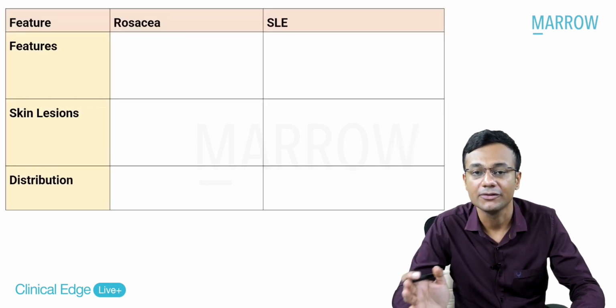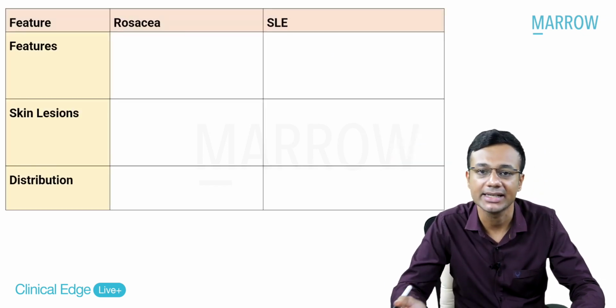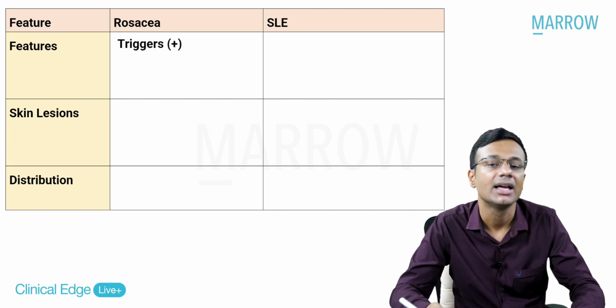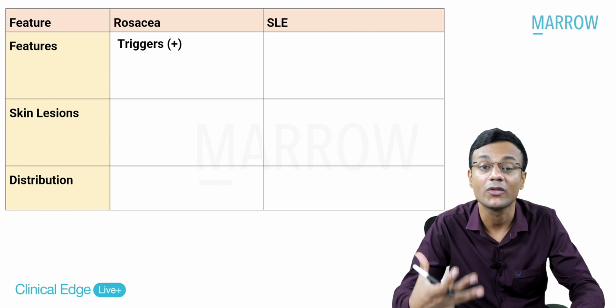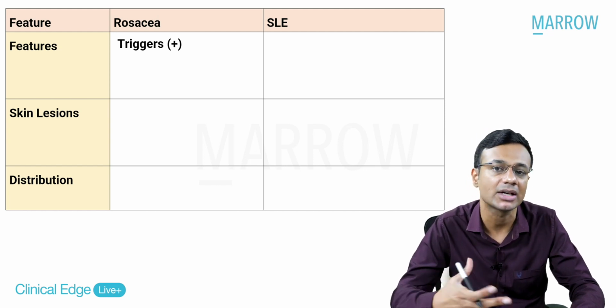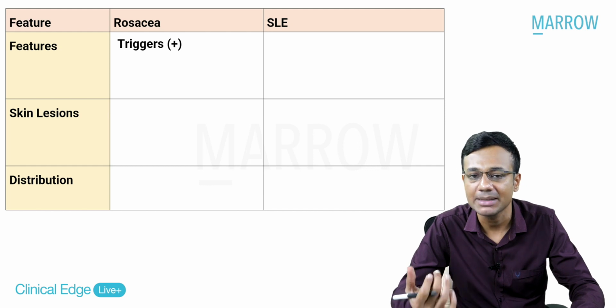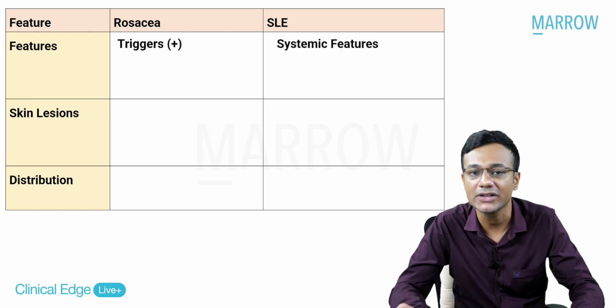What are the key features to distinguish between rosacea and SLE? Now, please remember, students, rosacea is going to be having those classical triggers like sunlight, alcohol, hot beverages, spicy food. These are all vasodilators, and vasodilators are going to worsen rosacea. Whereas in a patient of SLE, we are going to have systemic features.